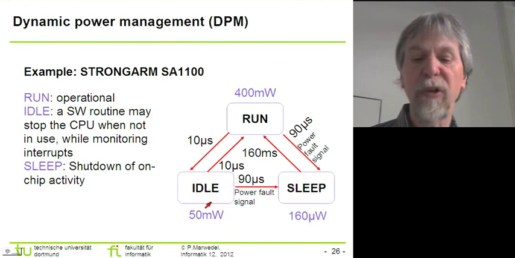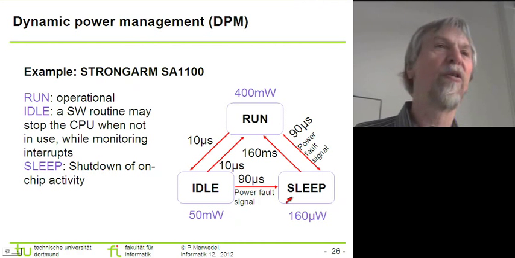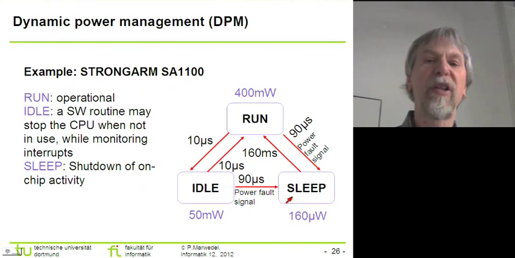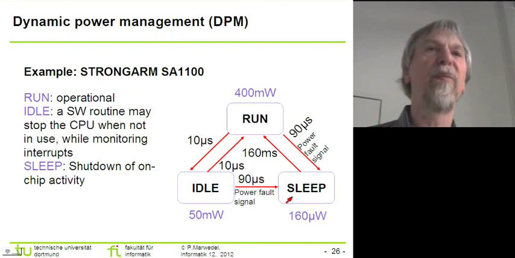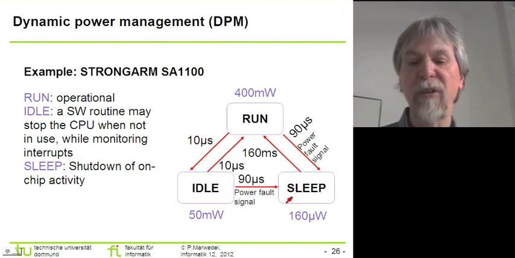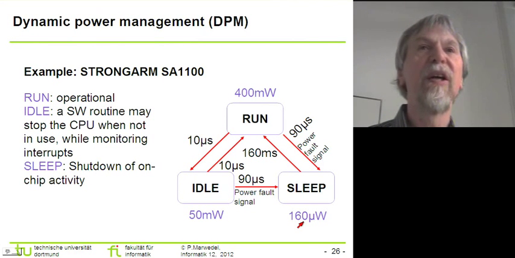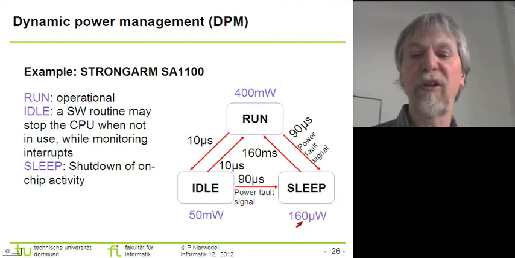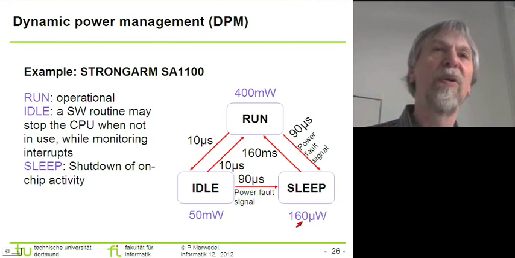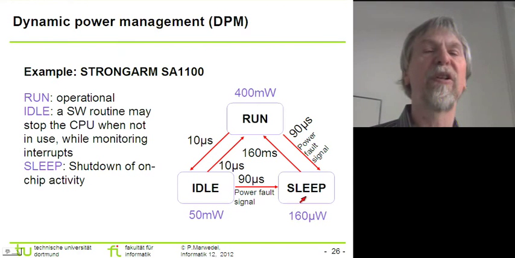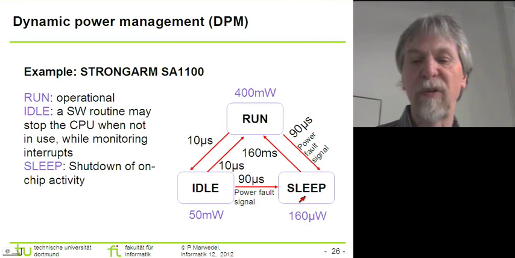And we can go even further. If we turn off the power applied to the processor completely and keep the power available only in some external power regulator, in that way we can reduce the power consumption to just 160 milliwatts. However, when we want to restart the processor, we have to restart the entire setup routine again, because the processor has forgotten all the different content of the registers there.